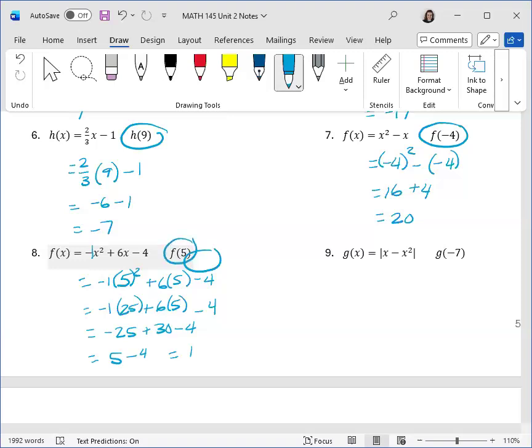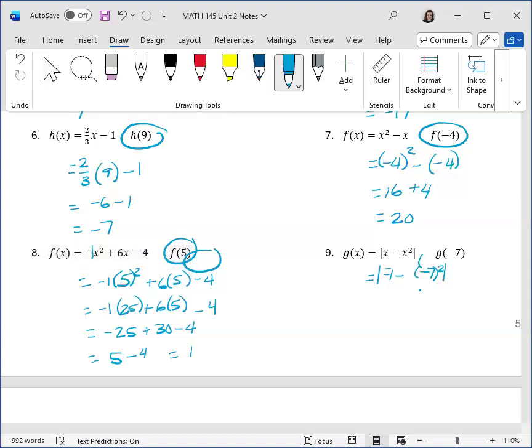All right, the last example, we have to evaluate an absolute value function here. We're plugging in -7 for x. So this function would say the absolute value of -7 minus -7 squared.